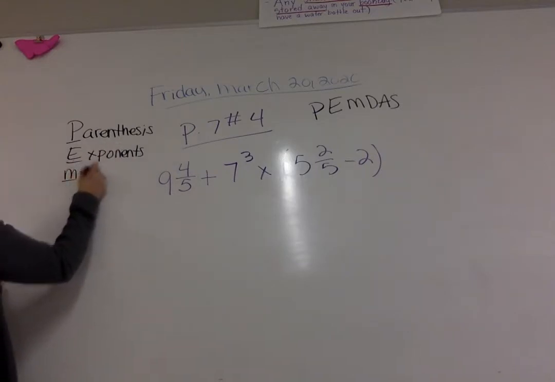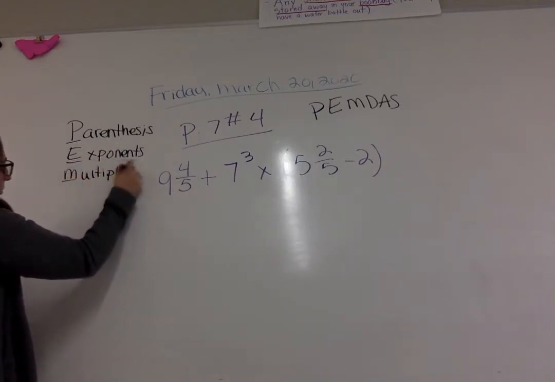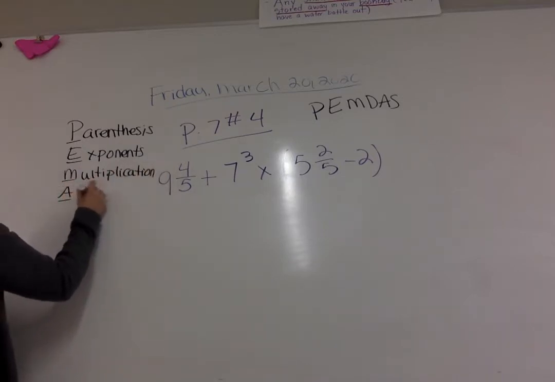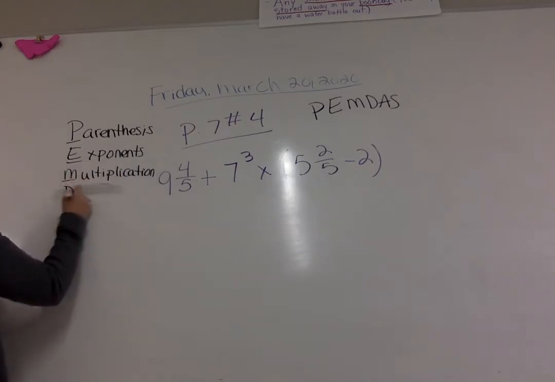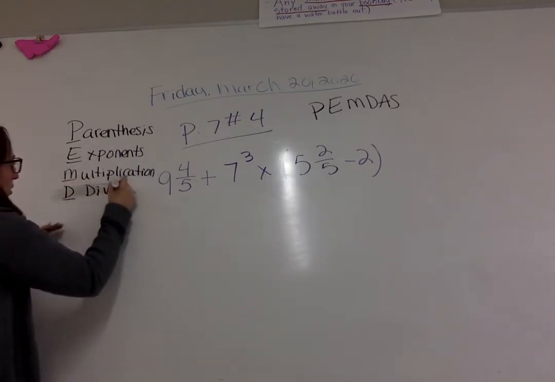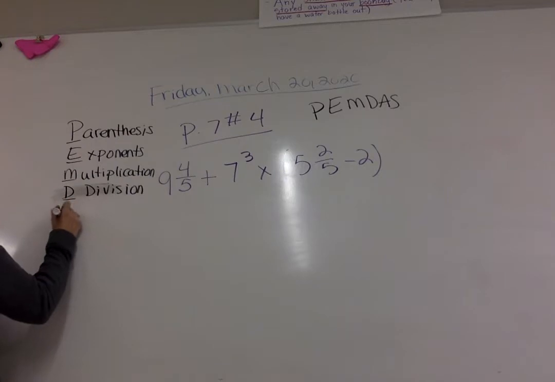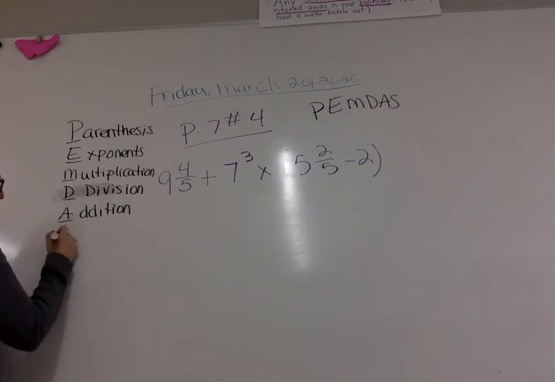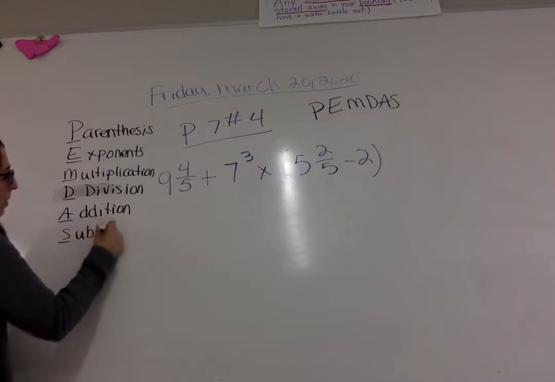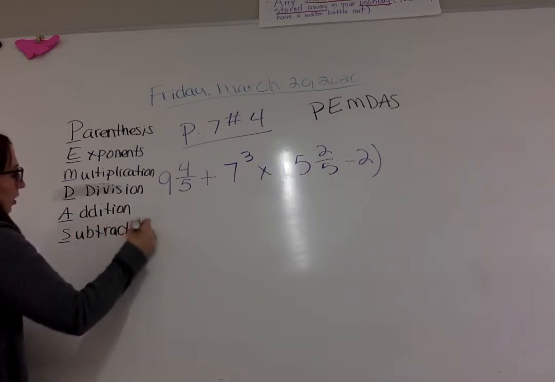M is multiplication. D is division. A is addition. And S is subtraction. All right, I'm writing PEMDAS down so I remember the correct order.